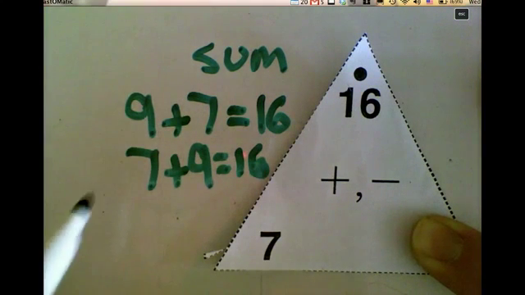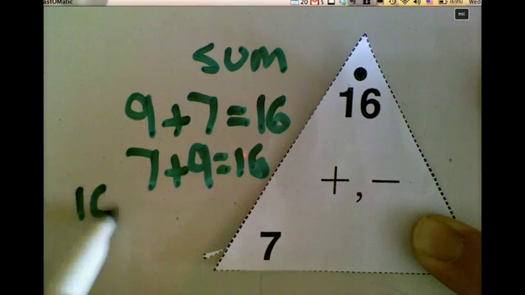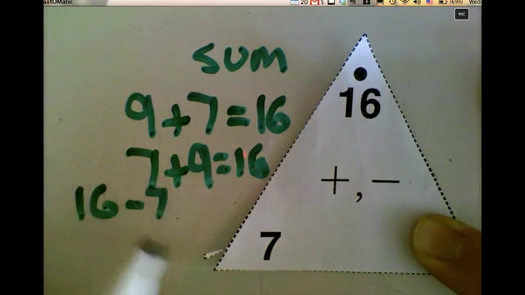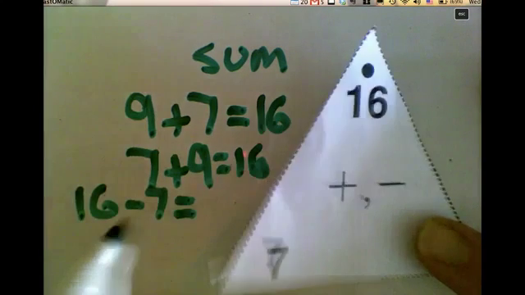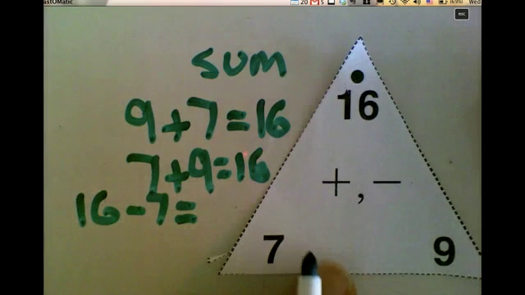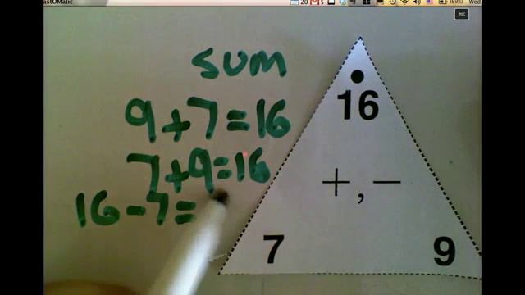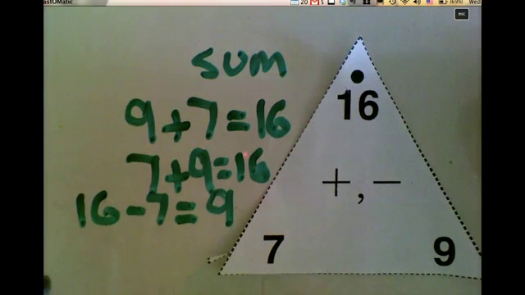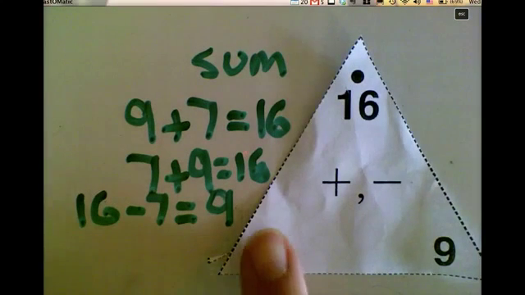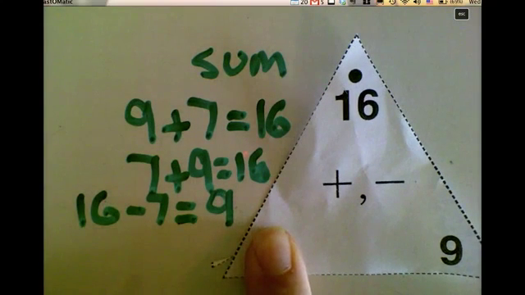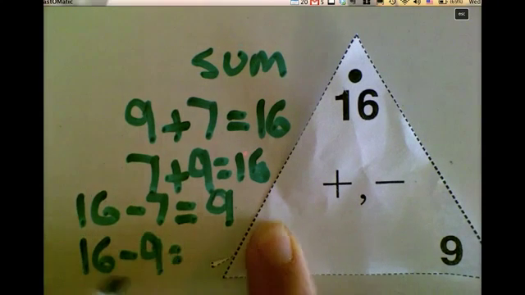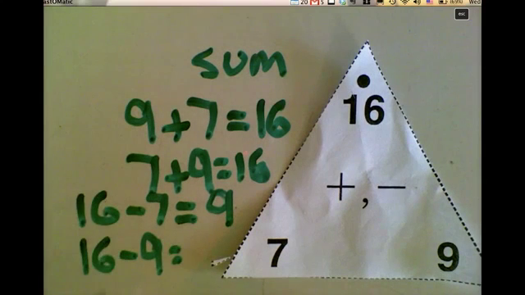So again, let's make them say it out loud: 16 minus 7 equals 9. See how that works? And then the other problem in this particular fact family for subtraction, you would cover that one up and you would say 16 minus 9 equals 7.